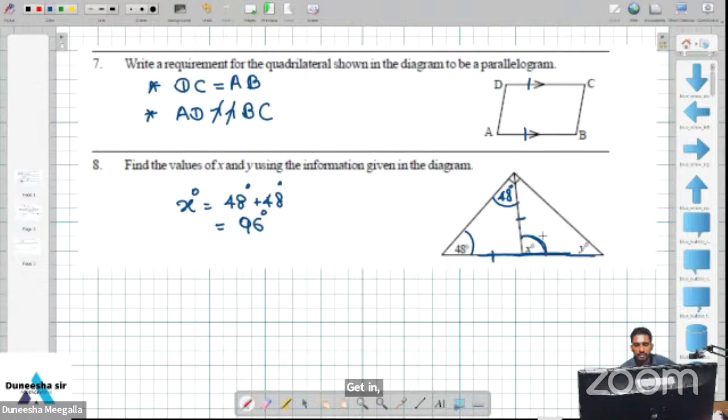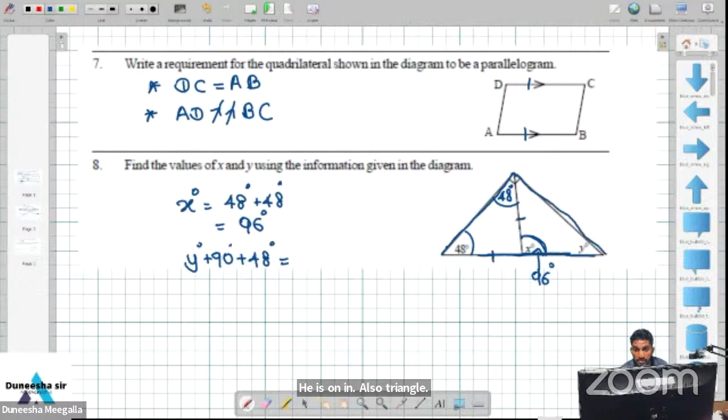96. Okay, then this is 96, how do we find y? y plus 90 plus 48 equals how much? In this big triangle, the summation of internal angles is 180.